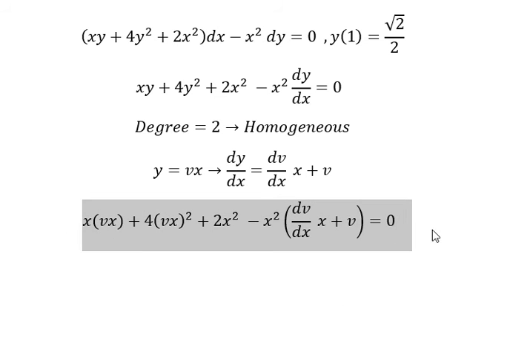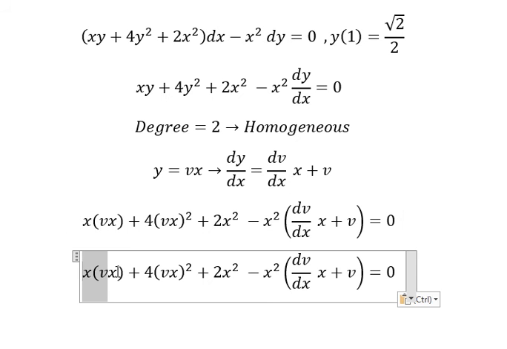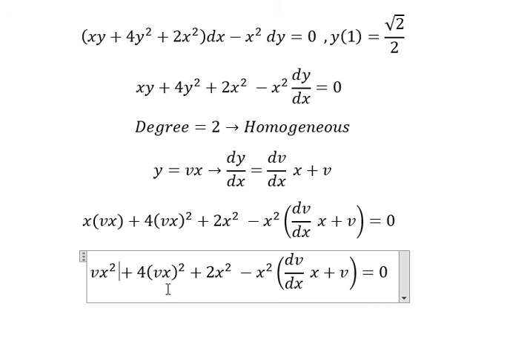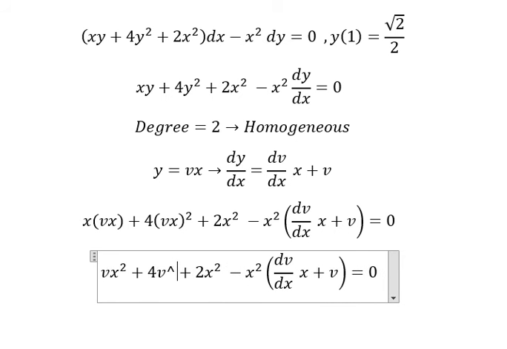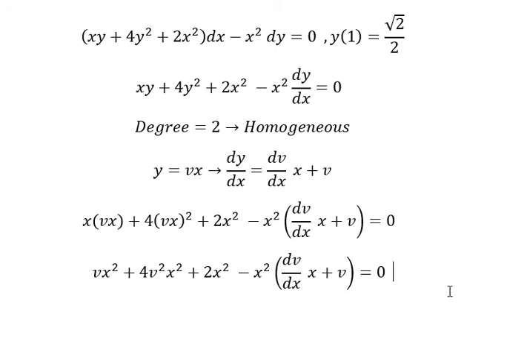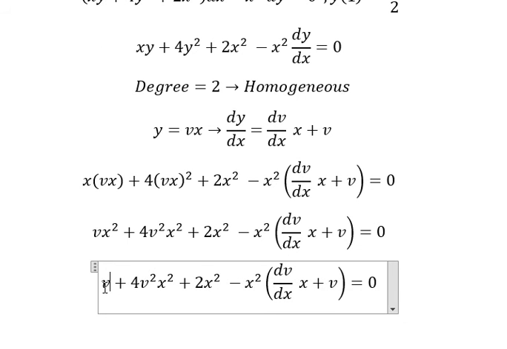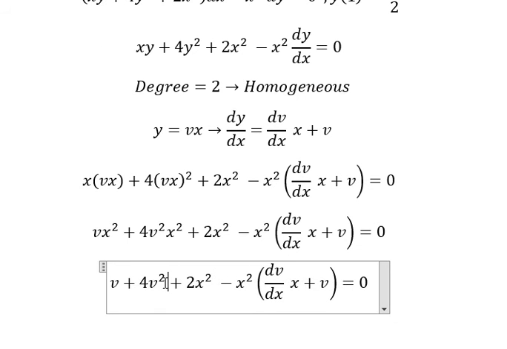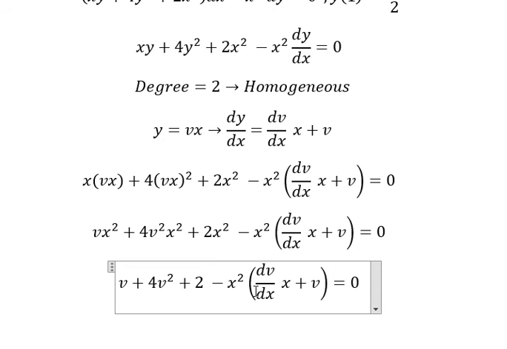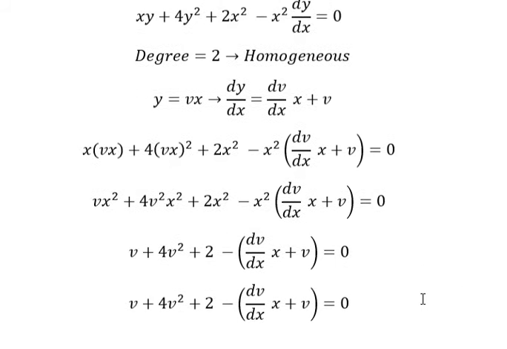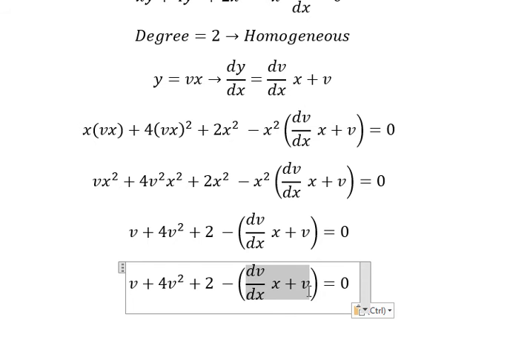Next, this one we have vx square. This one we have v square x square. Next, we divide both sides by x square. Next, we need to open parentheses of this one.